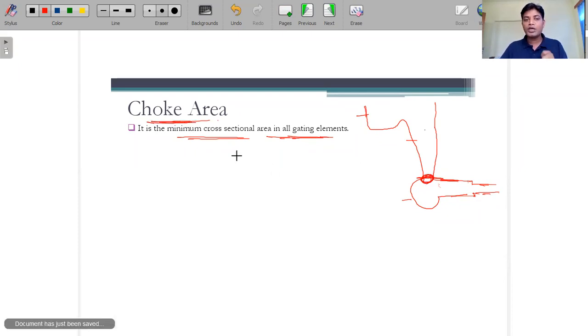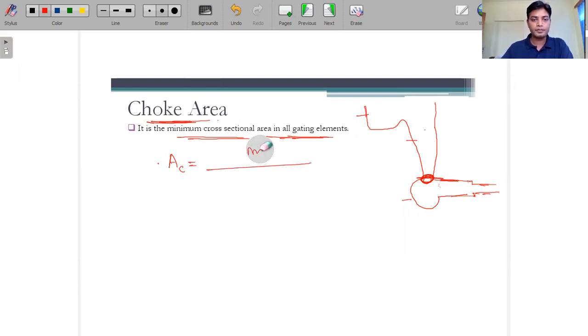If we have to calculate this choke area in terms of how much material we are filling and what its density is, we can use this formula for the choke area: A = m / (rho × t_f × C_d × sqrt(2gh)).